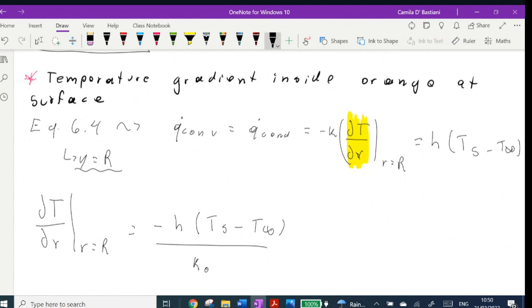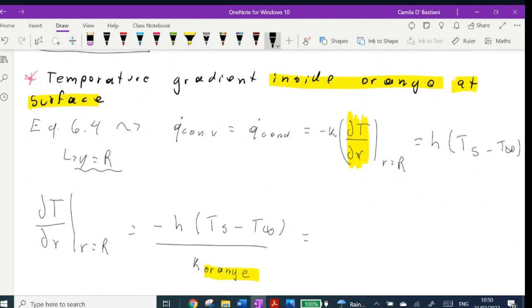The K in this case is the K of the orange, because I want to know my temperature gradient inside the orange at the surface, not my temperature gradient in the air at the surface, okay? So my K in this case is the K of the orange, not the K of the air.